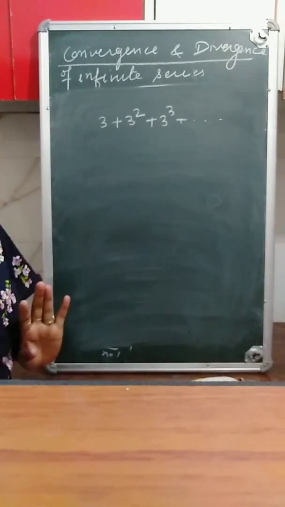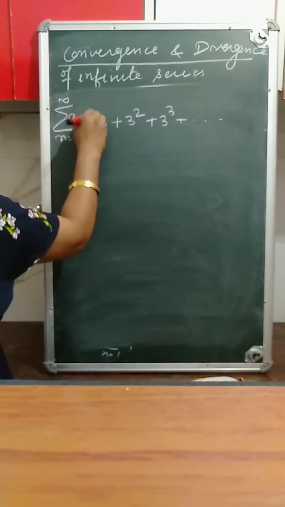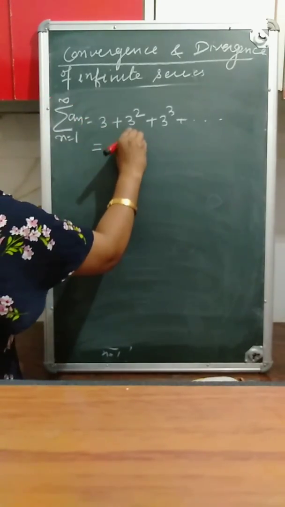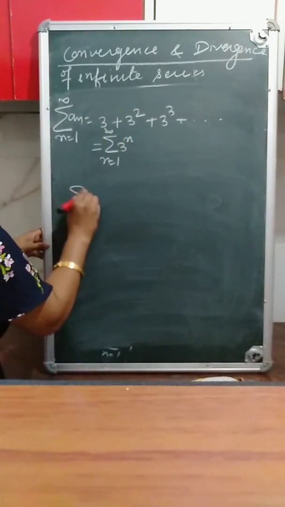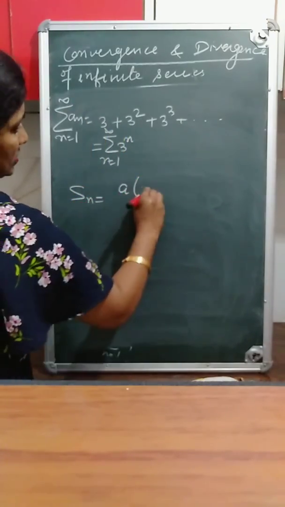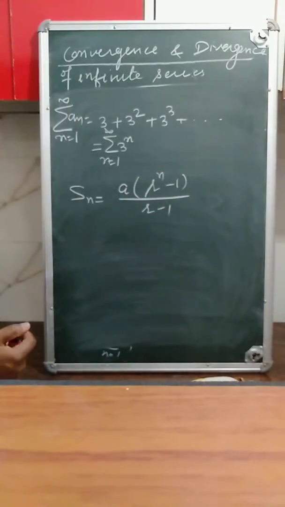This is also a geometric series, summation n is from 1 to infinity of 3 raised to the power n. Here Sn is a into r raised to the power n minus 1 upon r minus 1.